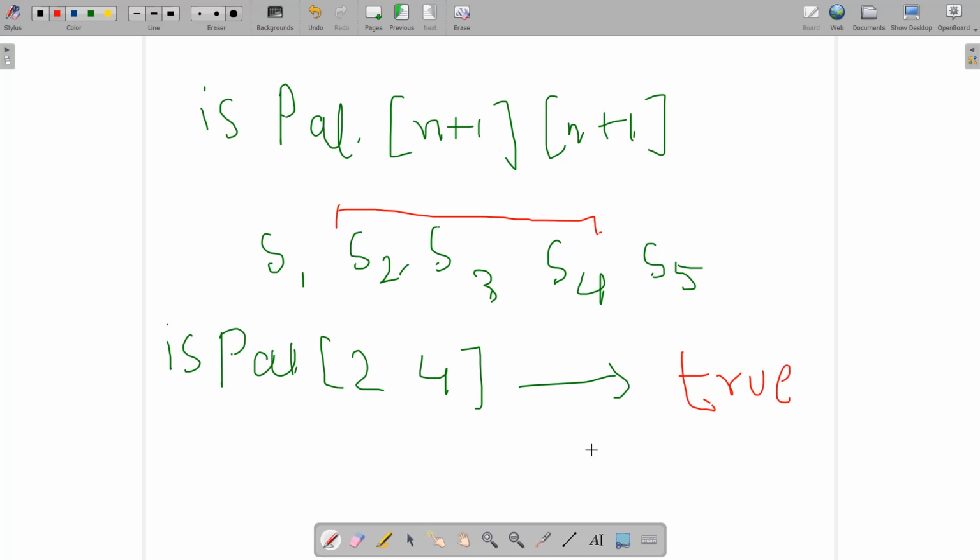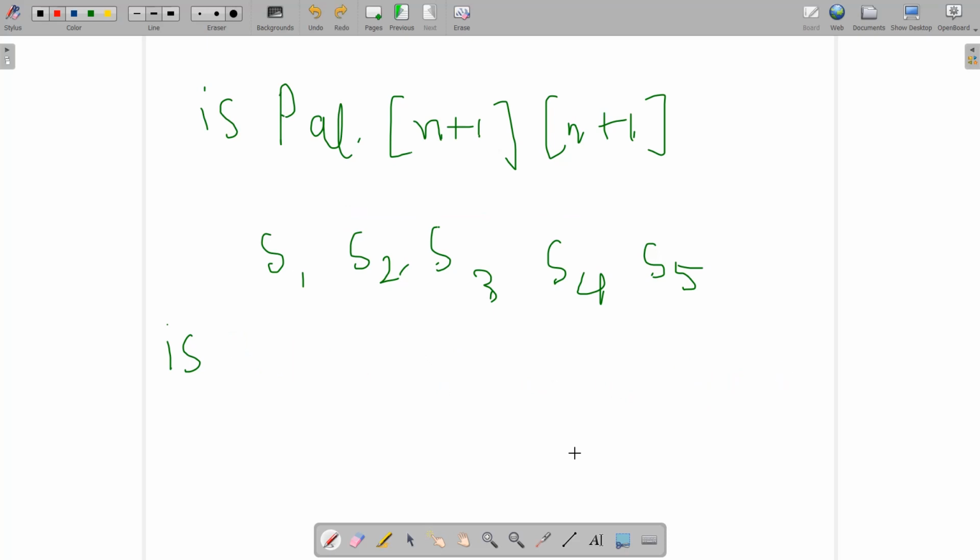Okay, now the thing is how to find out these values in O of n square time. Because n is around 2000, we should focus on n square time. Suppose we have a string like s1 up to s5. A single length substring is always a palindrome. A double length substring is a palindrome only when these two characters are the same.